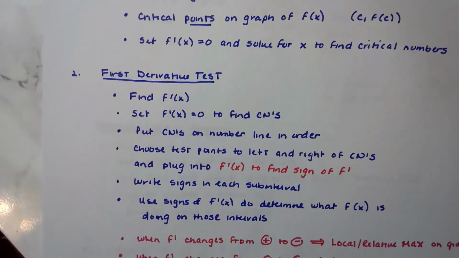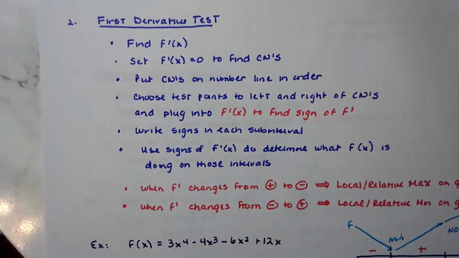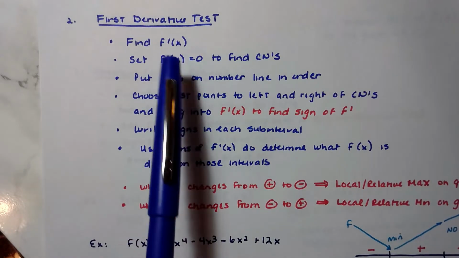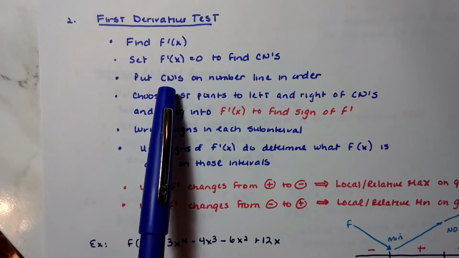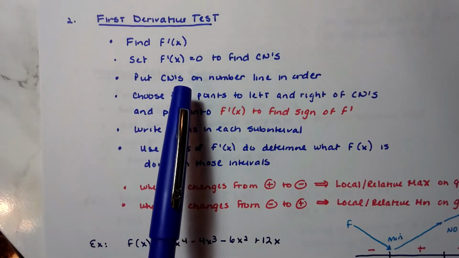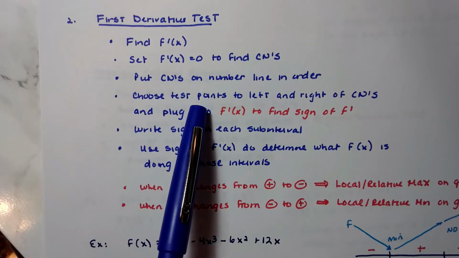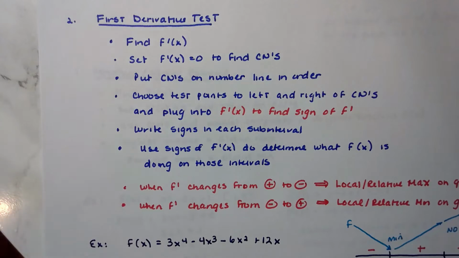Okay, so one of the applications in this section was using the first derivative test. And again, I'm listing the steps. You find the derivative, you set it equal to 0 to find the critical numbers. You put those critical numbers on a number line in ascending order from smallest to largest. You choose test points to the left and the right of each of those critical numbers or zeros.